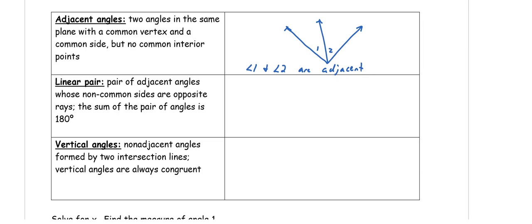So they're adjacent because they're sharing this common side and the same vertex.